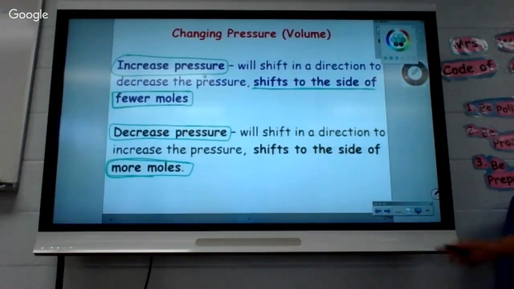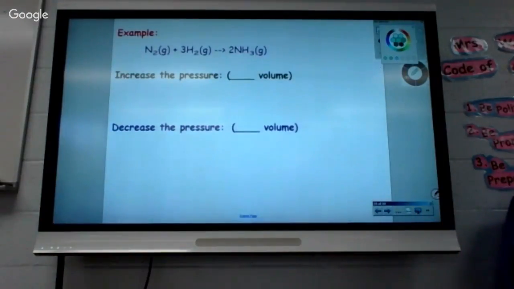Everybody got it? All right, so suppose we have this equation. Now, we've all seen this equation many times. There's only two things we can do: we can either increase the pressure or decrease the pressure.